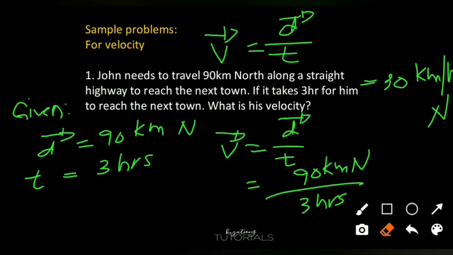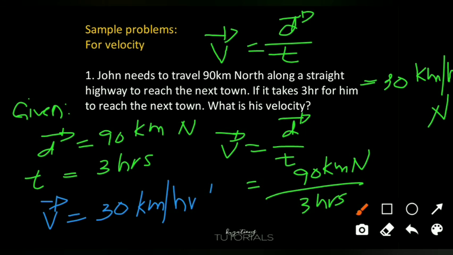So ang atong final answer is we have 30 kilometers per hour north. So mo na atong final nga answer. So same ra nga paagi hapon sa speed, only nga naay additional nga kini bitaw direction.